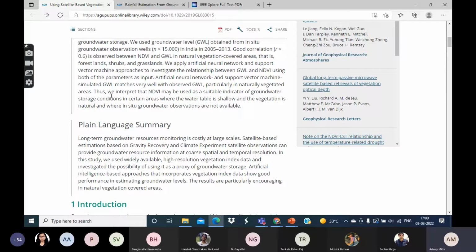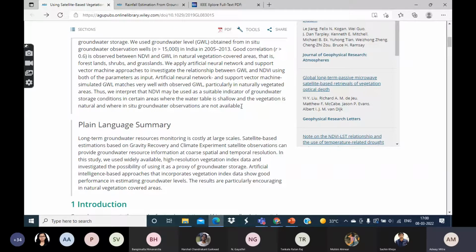Thus, we interpret that NDVI may be used as a suitable indicator of groundwater storage conditions in certain areas where the water table is shallow and the vegetation is natural, and where in situ groundwater observations are not available. So especially in those places where the water table is shallow, that is where the groundwater is not too deep, it is possible to estimate the depth from the satellite imagery.